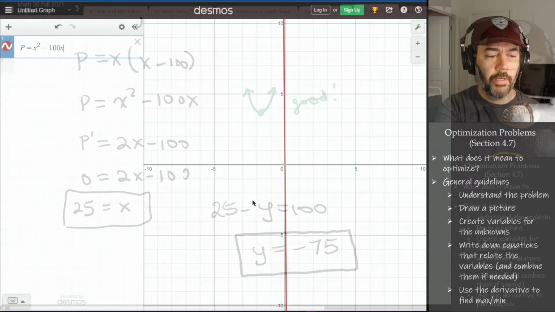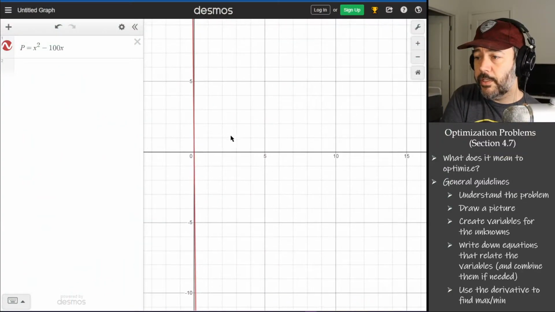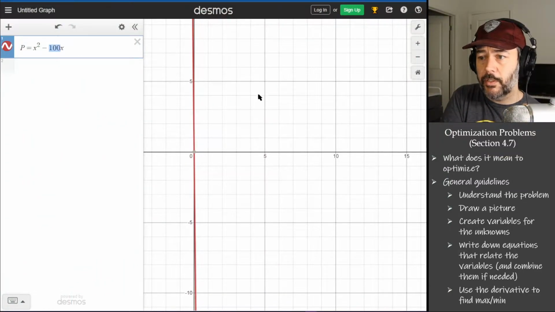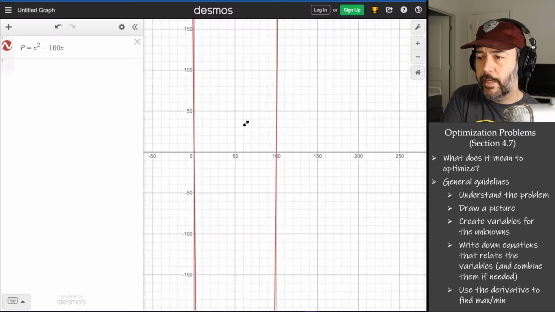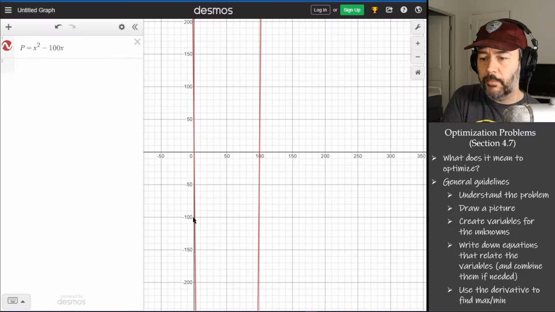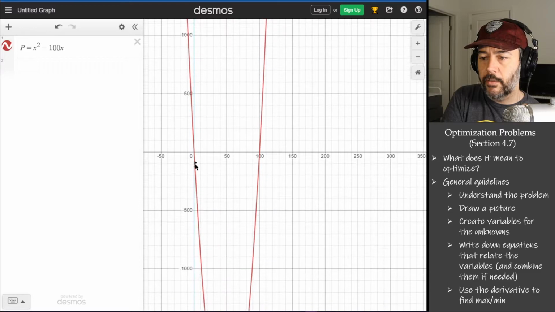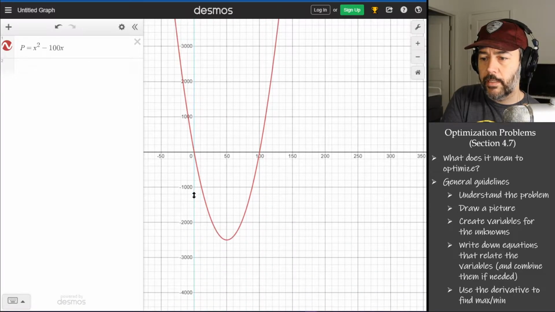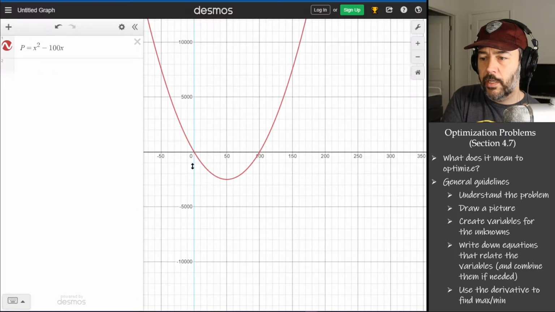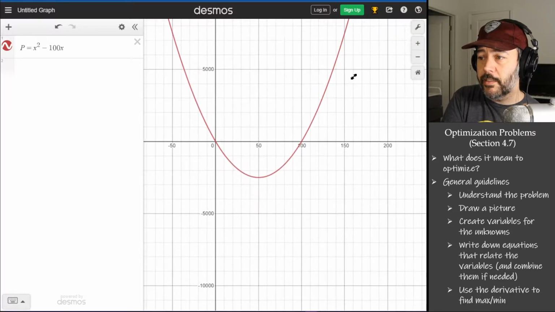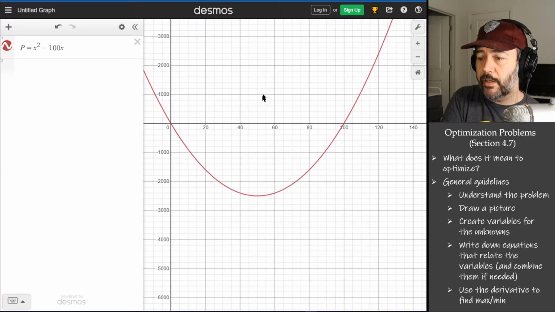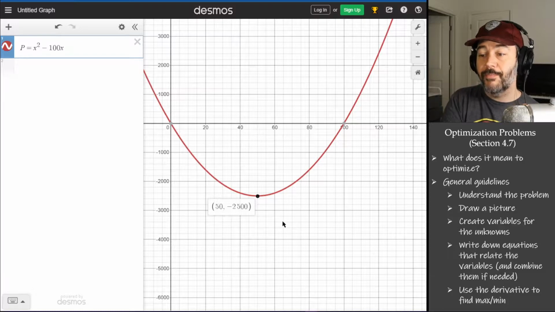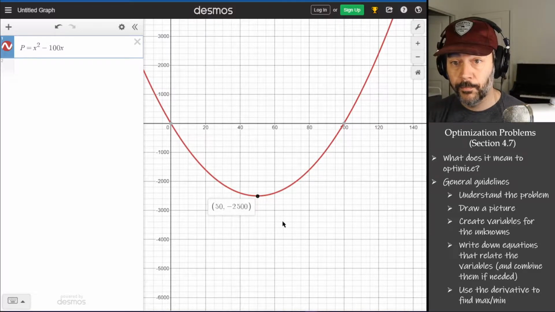And let's show that. Now this is a super stretched out graph because this 100 is a pretty large number. So I can like zoom out, and then it looks like I'm going to need to change the scale. So let's do this. Now remember, this horizontal axis represents our x value. And where is that located? It's located at 50.